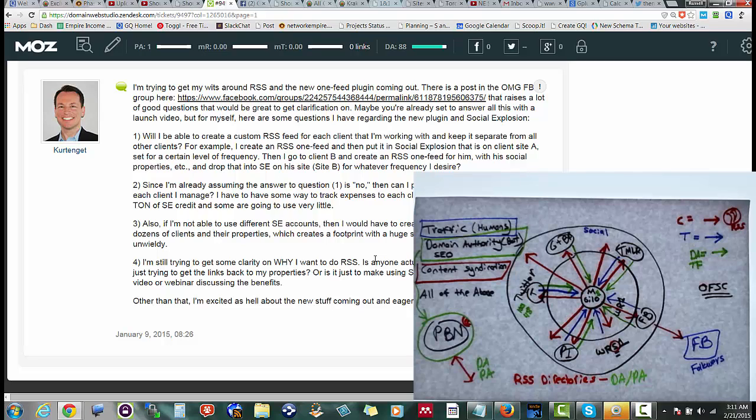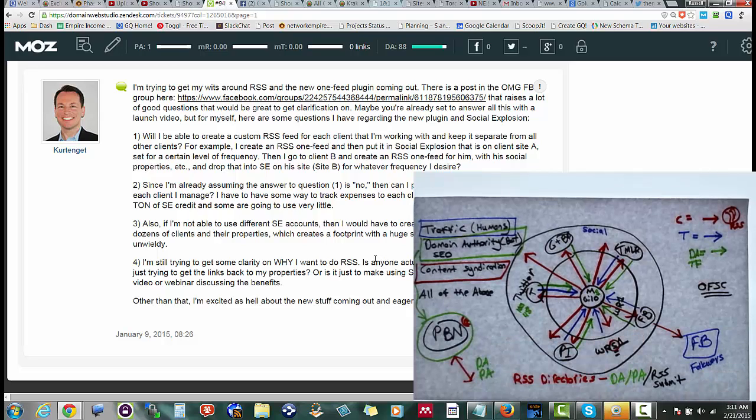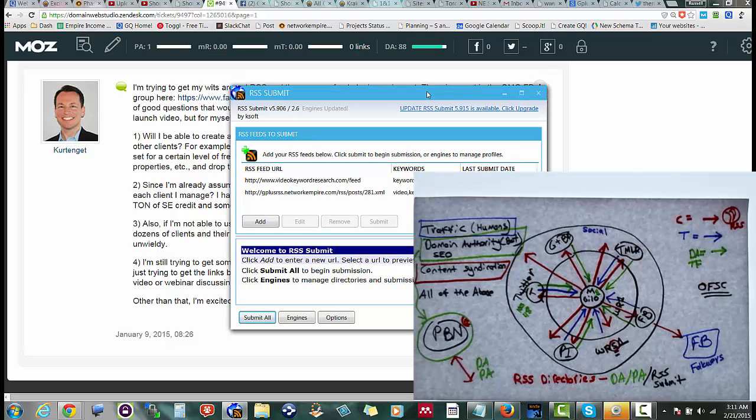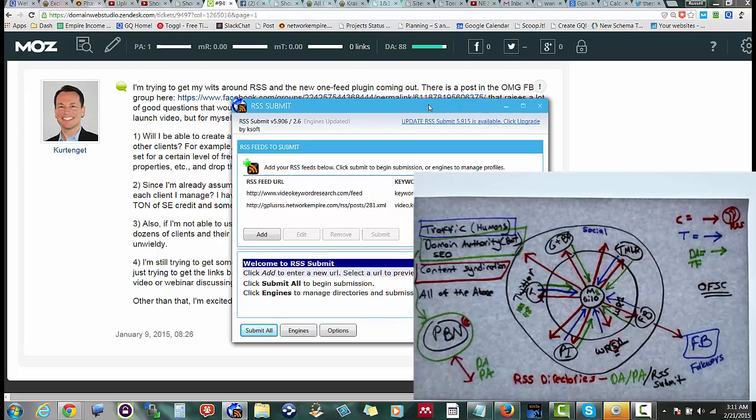So you might syndicate them to a specific page that you've leased or paid for or that's free. You might use a software like RSS Submit. I'm not telling you need to buy a software, but I definitely have RSS Submit. You can see it right here down on my bottom bar. Use it all the time. RSS Submit will allow you to submit RSS feeds to thousands of directories at a time if you want, all the directories that are currently available.